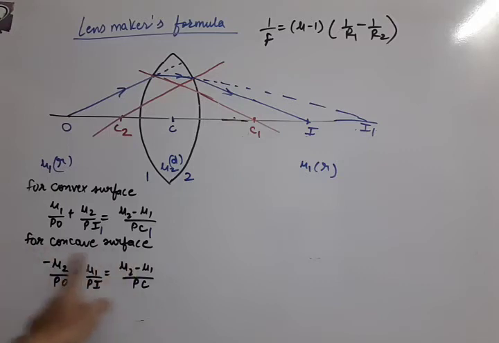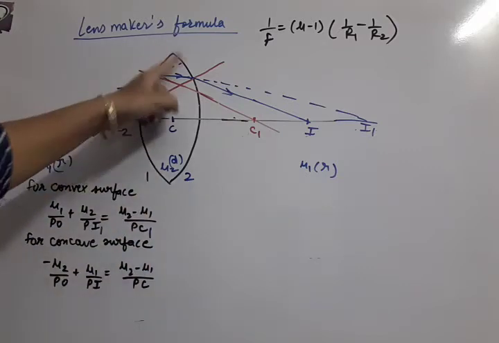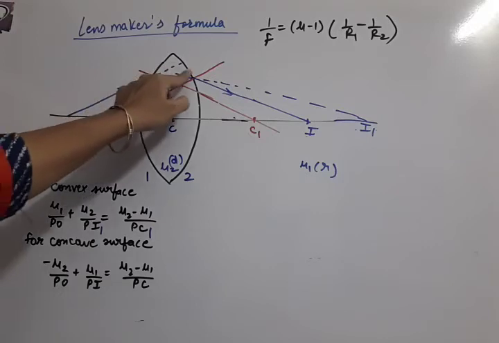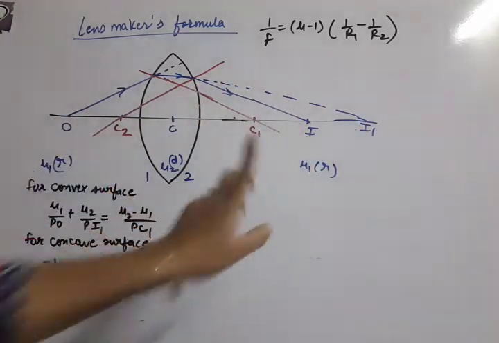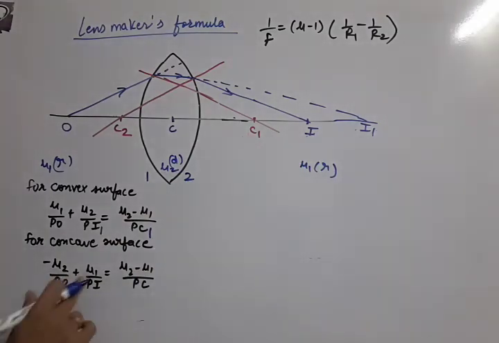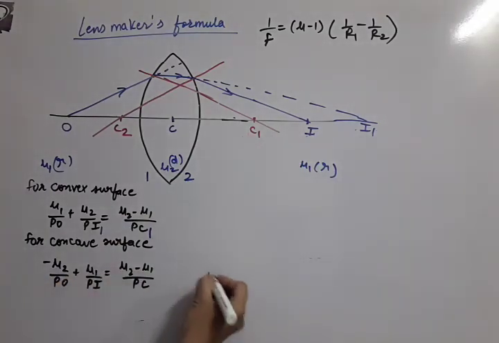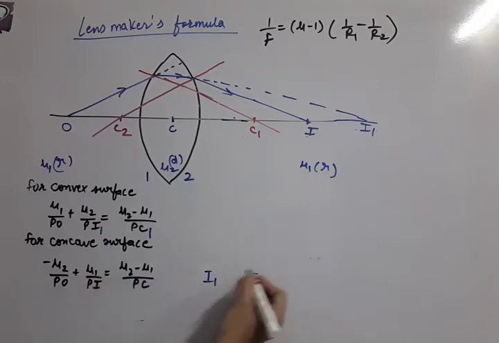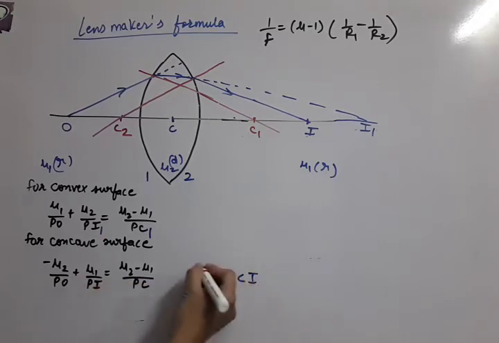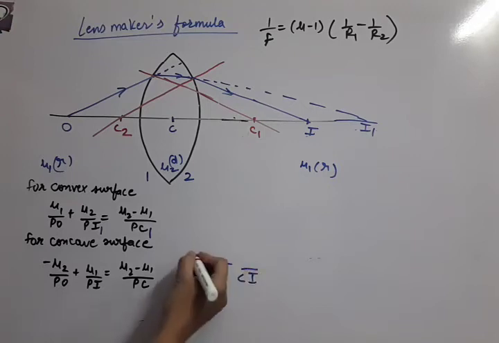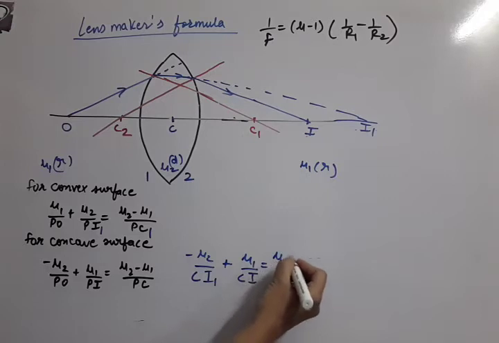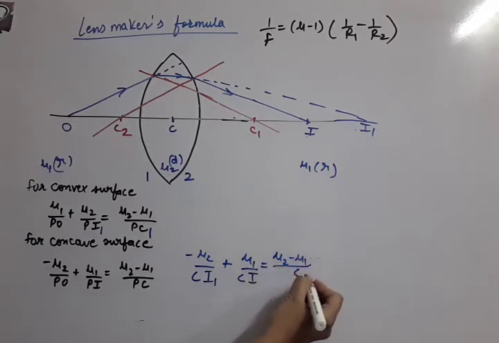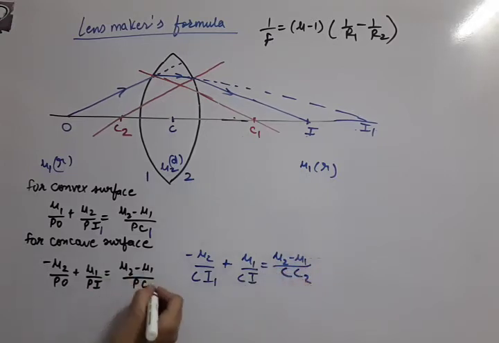In the same manner for the second surface, the original ray was coming like this. That means the object is considered I1 and the image is considered I. So for the object we will write I1 and for the image we will write I. Distances will be measured from C, and this is C2, this is C. Here the distances are measured from the center of curvature C2.